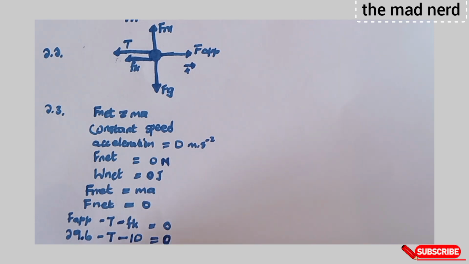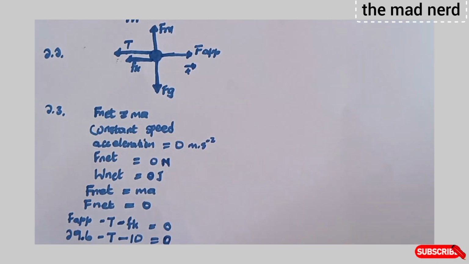And then now we say 29.6 minus 10 gives us 19.6, and then we say 19.6 minus T is equal to 0. And then now we say we transpose T over there to the other side, and then we get T is equal to 19.6 newtons.